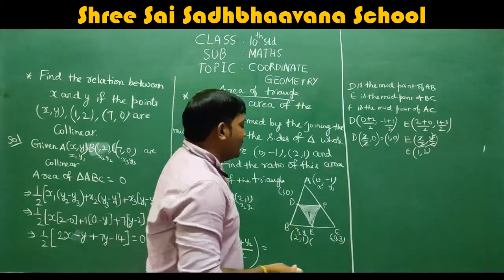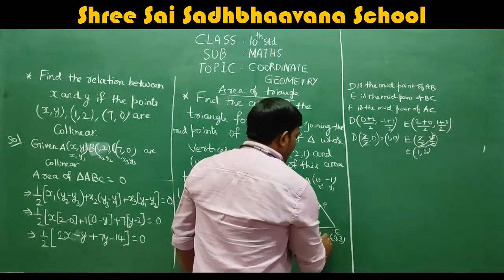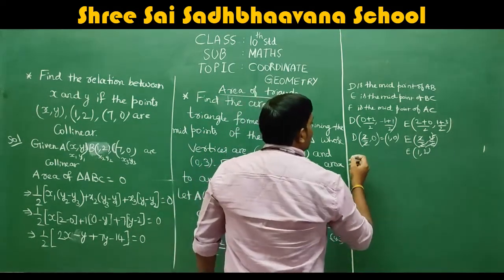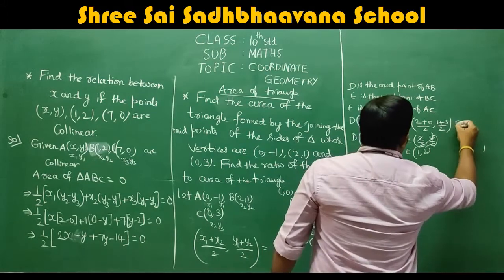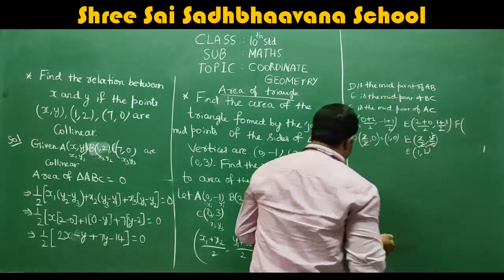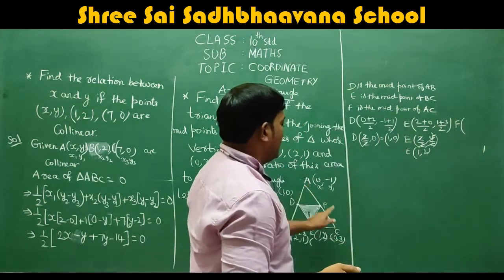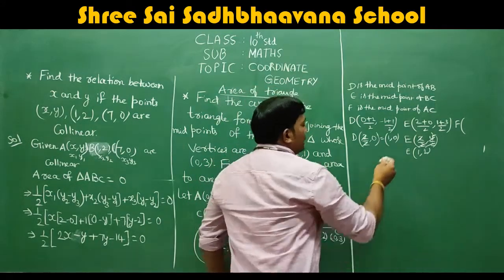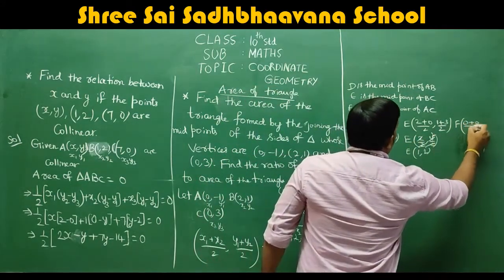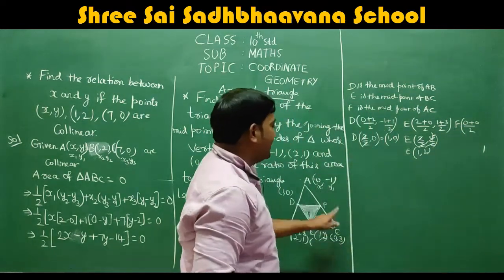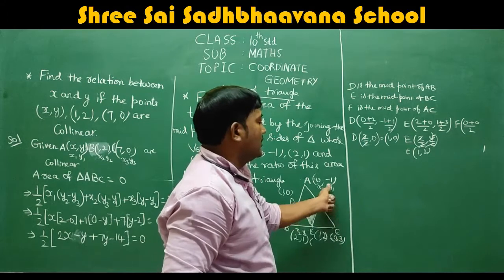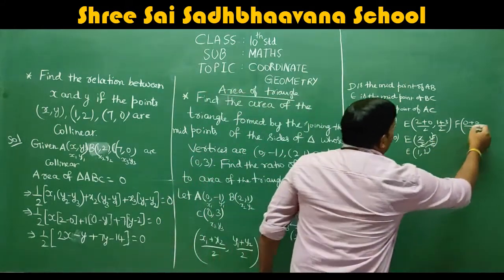Similarly, how to find F? E we got as 1 comma 2, so I have to find F. So what will be F? F is the midpoint of AC, here you see. So 0 plus 0 by 2. Next, 3 plus minus 1, or you can take minus 1 plus 3, minus 1 plus 3 by 2.